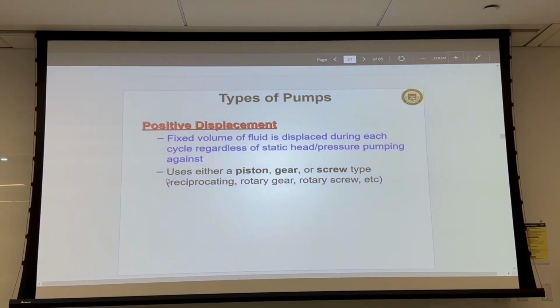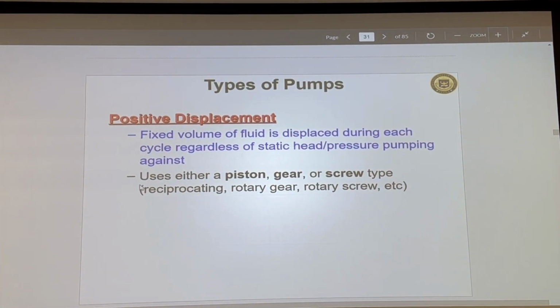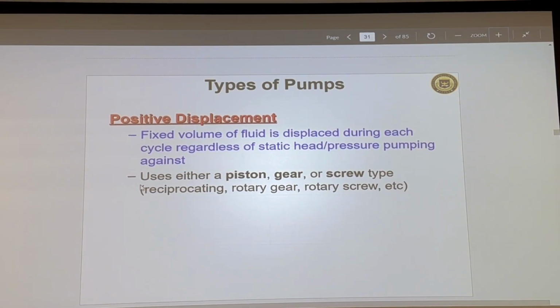Positive displacement means a fixed volume of fluid is displaced during each cycle, regardless of static head or pressure in pumping. So every time one revolution takes place, some fixed volume of fluid is displaced. So for each revolution, you have a certain volume displaced.